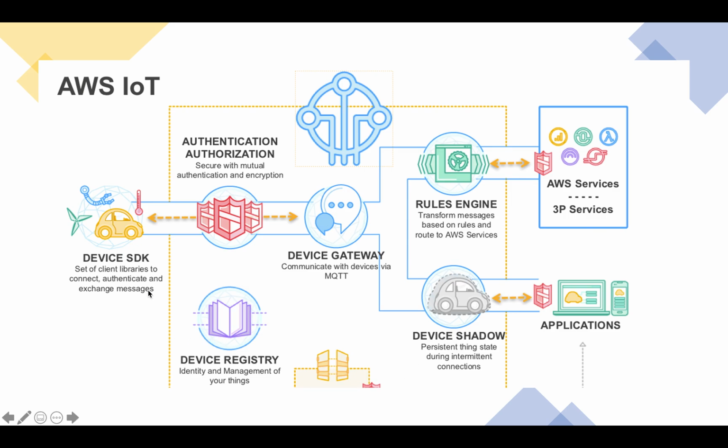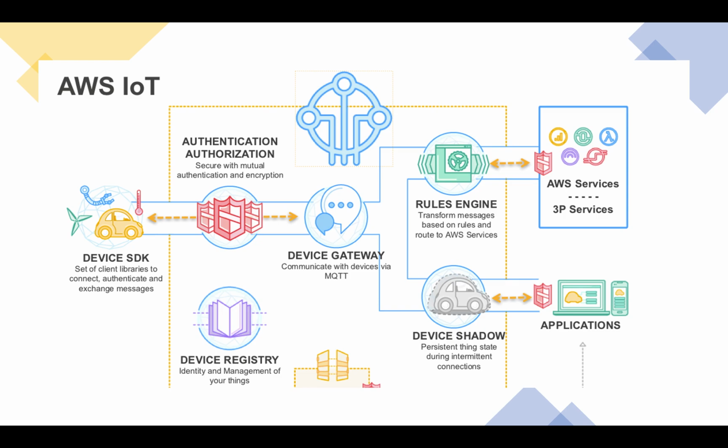If we take a look at the architecture of how the AWS IoT service works, we have the device on the leftmost part where you see the device SDK. That's where our device will be, with all the credentials and the program running on it. This yellow box in between is the entire AWS IoT Core infrastructure on the cloud.